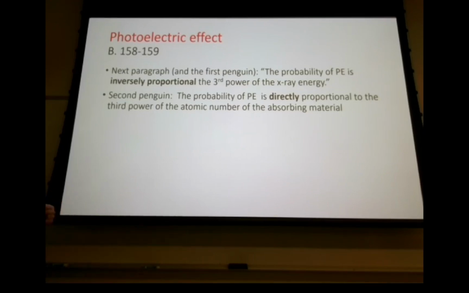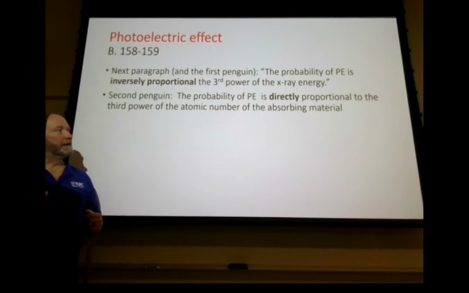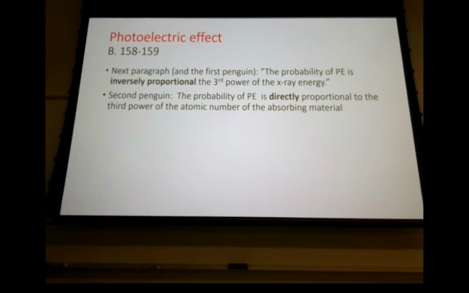And then if you look again in your Bushong book, it's the second penguin, it says probability of PE, photoelectric interaction, is directly proportional to the third power of the atomic number of the absorbing material. But we just said that the absorbing material doesn't really change Comptons, right? So it changes photoelectric because those Comptons are going to bounce around and become photoelectric.